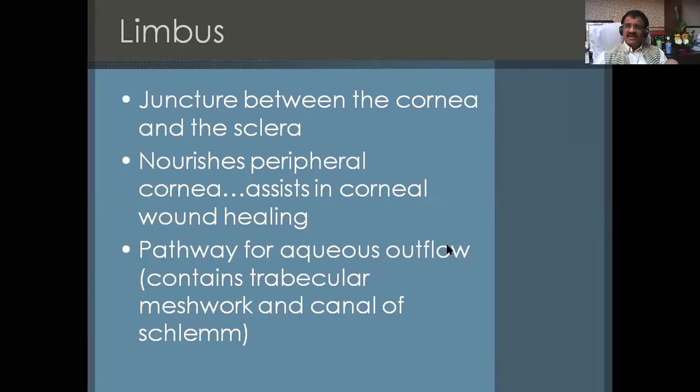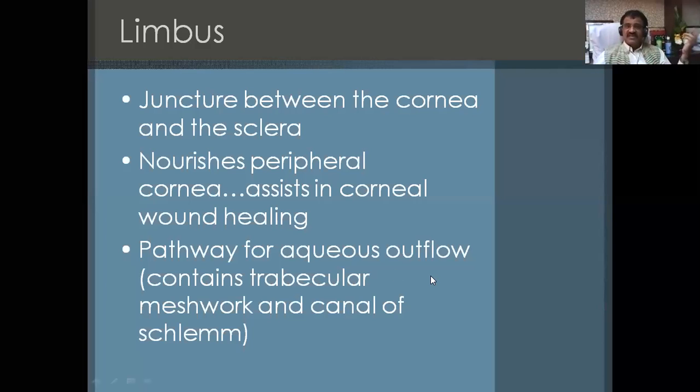Now we'll go to the next part, the limbus. What is the meaning of limbus? It is a juncture between the cornea and sclera. Where the cornea ends, sclera begins. So that junction is called the limbus. And it nourishes the peripheral cornea, assists in corneal wound healing, and is a pathway for aqueous outflow, containing the trabecular meshwork and canal of Schlemm.